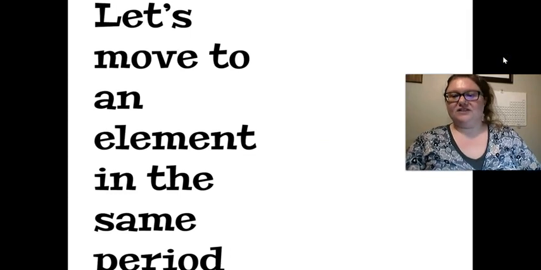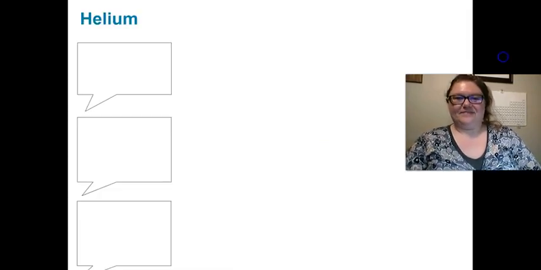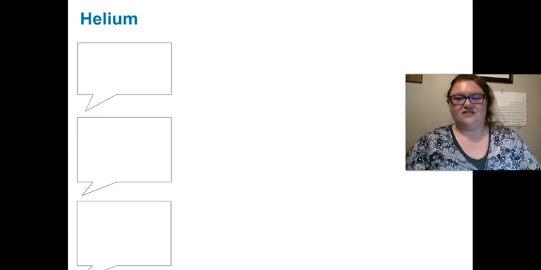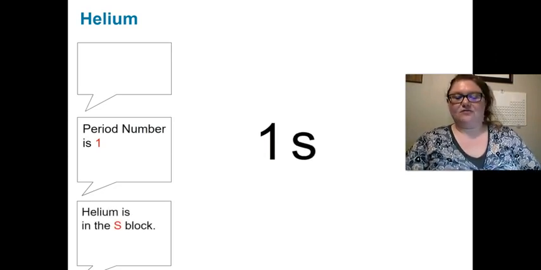So let's go to the next element. Let's look at helium. I didn't put all of these examples in the notes because I thought it would be a lot of redundancy, so this one's not in your notes, but let's go through it together here. Helium is in period 1. It's also part of the s block.